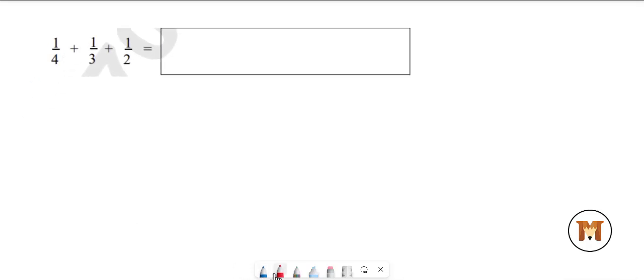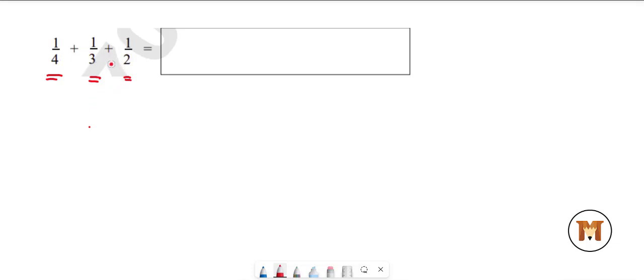The next question is this. This question has three fractional parts. How can you work it out?